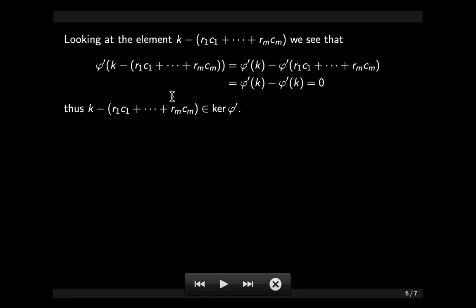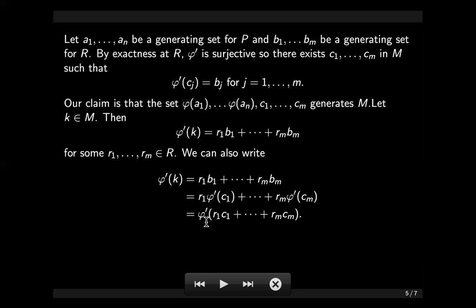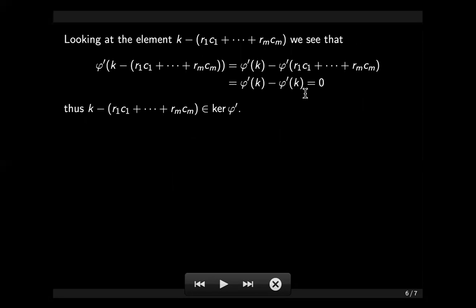And if we apply phi prime to that, we get phi prime of K minus phi prime of this linear sum. And we know that phi prime of this linear sum, by our previous work, is just phi prime of K. So we just get phi prime of K minus phi prime of K, which is equal to 0. So this implies that K minus (R1C1 plus dot dot dot through RMCM) is in the kernel of phi prime.